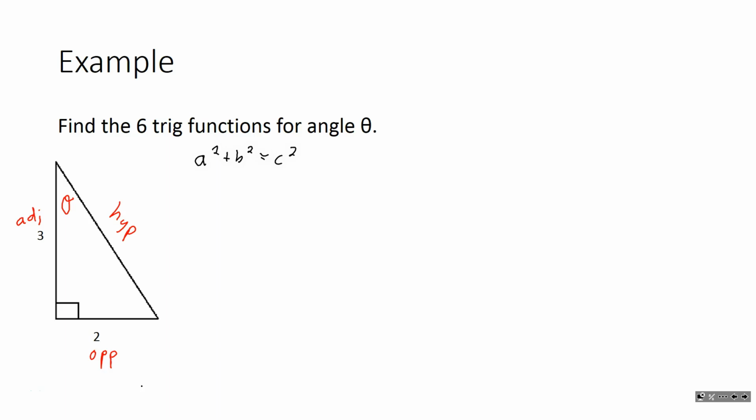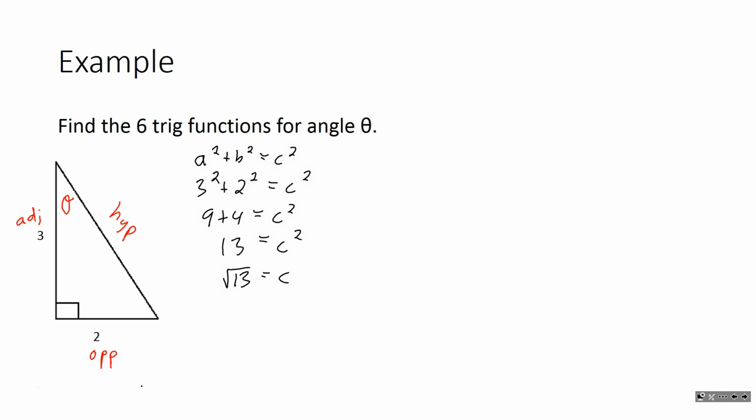A and b are just the legs, and therefore we would have 3 squared plus 2 squared, or vice versa, equals c squared. 9 plus 4 equals c squared. 13 equals c squared. And finally take your square root on both sides, and you'll have c equals the square root of 13. Normally in algebra, you'd say plus or minus square root of 13, but the side of a triangle can't be negative, so we'll just deal with the positive here.